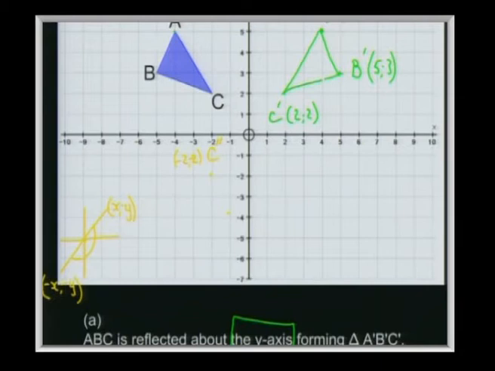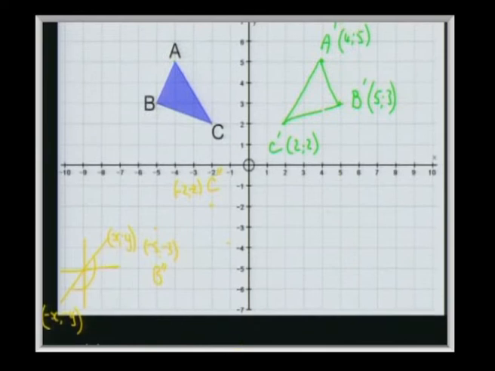Minus 2, minus 2. My point B was 5, 3. So rotating that around the axes, I will get minus 5, minus 3. So I have minus 5, minus 3 is my point, and that is B double dash. Having a look at our point A, I'm going to go from 4, 5 all the way around to minus 4, minus 5, which is over here.